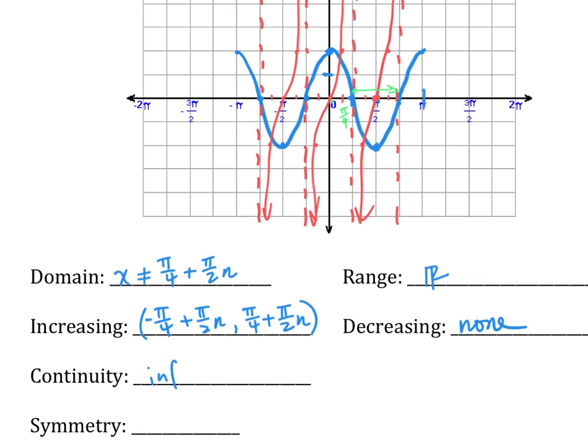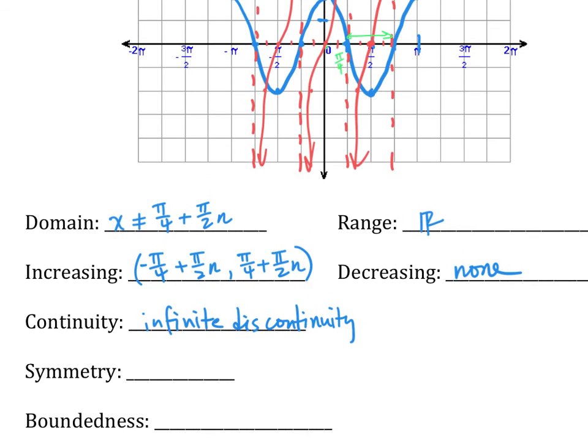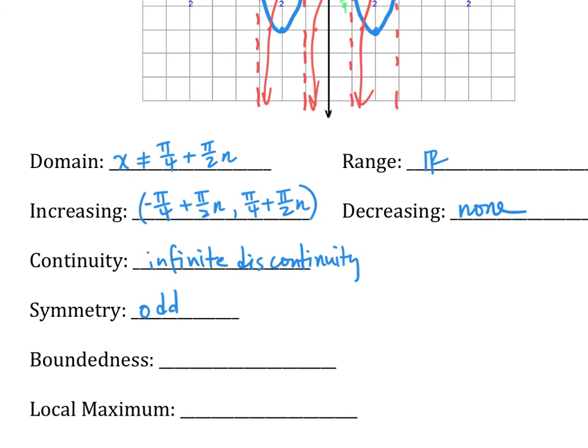Continuity, this is again infinite discontinuity. Symmetry. All right, so symmetry, again, you ask yourself, can I fold it across the y-axis and it will look the same? No, it will not. Next, you can put your finger on the origin and then turn your graph 180. Does it look the same? Yes, it does. So this is odd. Boundedness, this graph goes up and down forever, so this is not bounded.